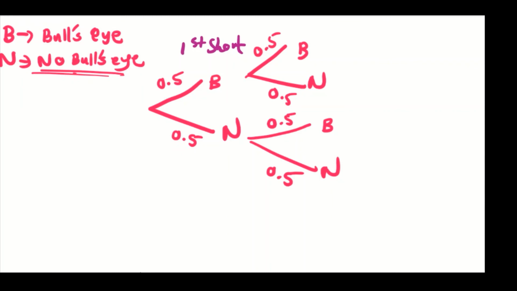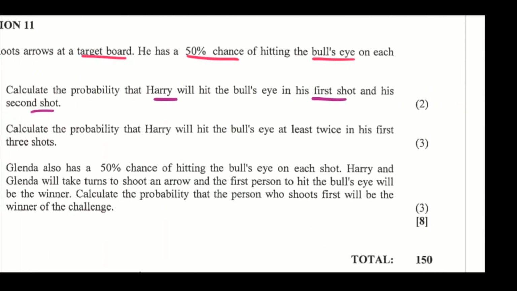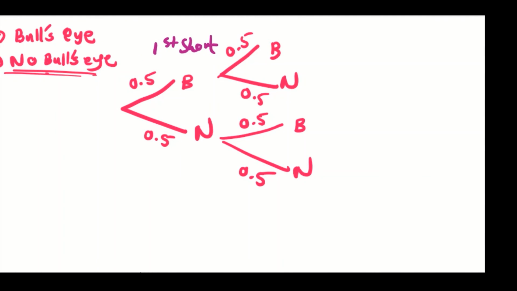So for us to calculate the probability that Harry will hit the bull's eye in his first and second shot, we need to look at this situation here. This is where he hits the bull's eye in his first shot. This is where he hits the bull's eye in his second shot. So the probability that he hits the bull's eye in his first and second shot is B and B, bull's eye, bull's eye, right?